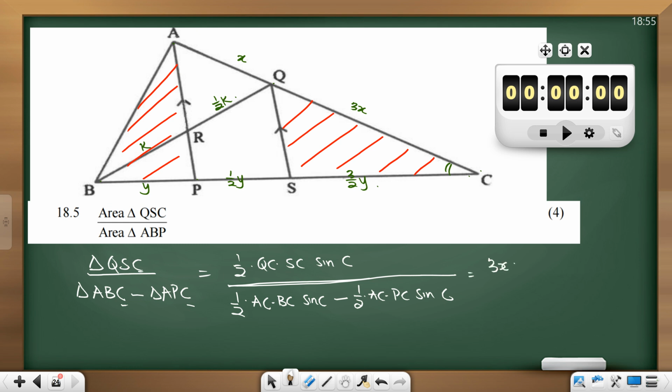What is my SC? 3 over 2y, over, what is AC? 4x. What is my BC? 3y. What is my AC? 4x. And what is my PC? 2y.